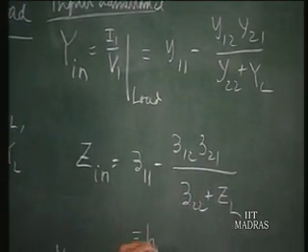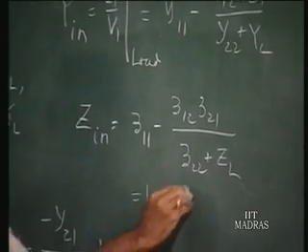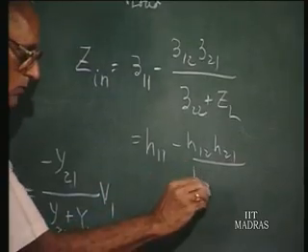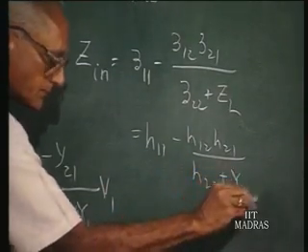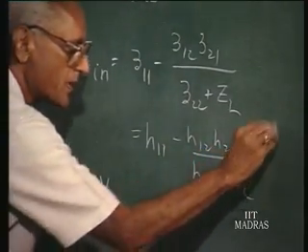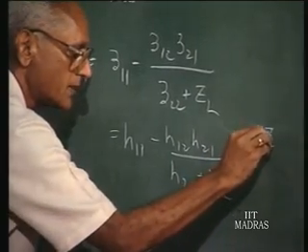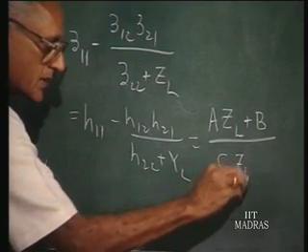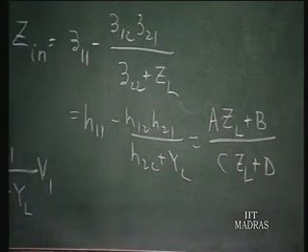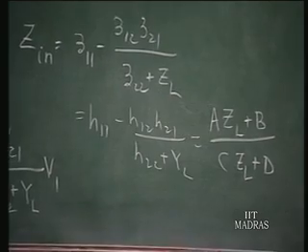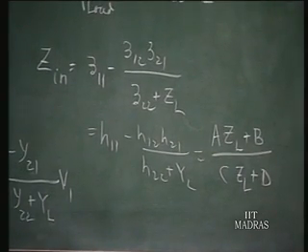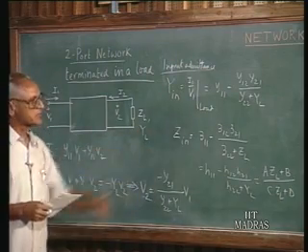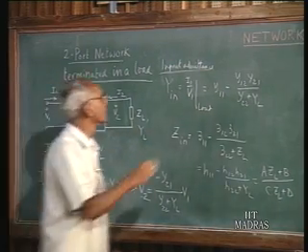Alternately, this can be written in terms of H parameters, H11 minus H12 H21 over H22 plus YL. In terms of the ABCD parameters, you can write this as AZL plus B over CZL plus D. So, in terms of the various network parameters, we can find out the input impedance or admittance in this form. The derivation of this, I will leave as an exercise for you.